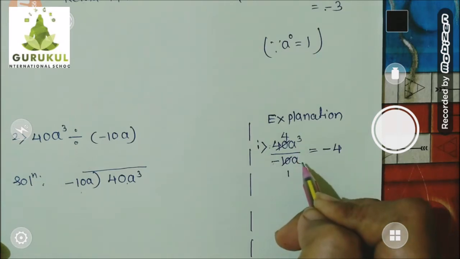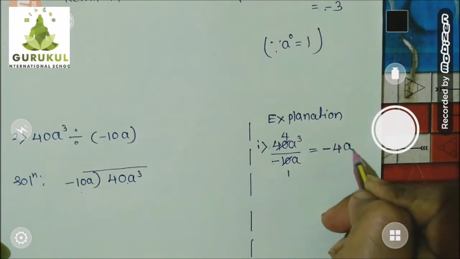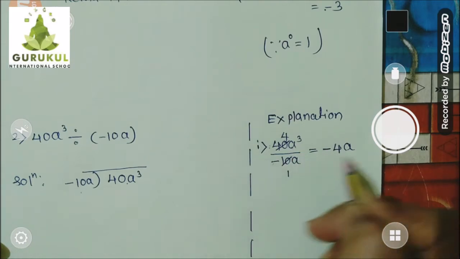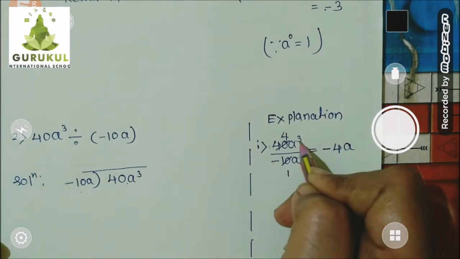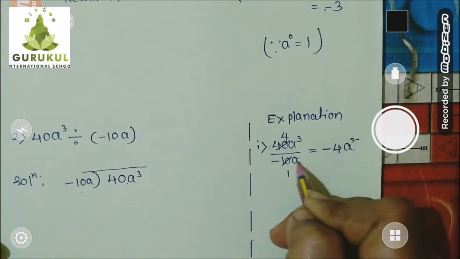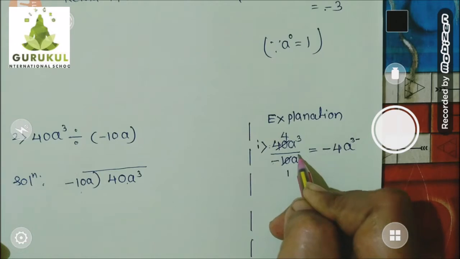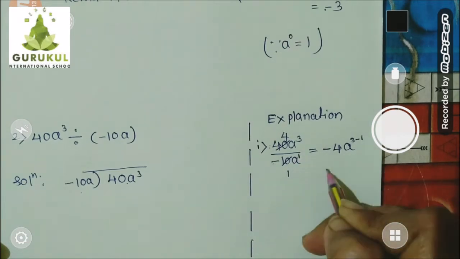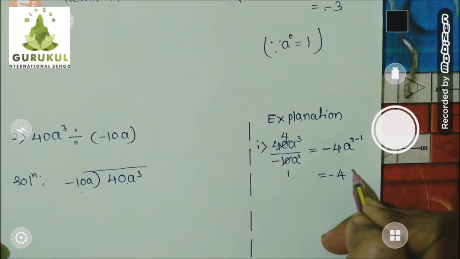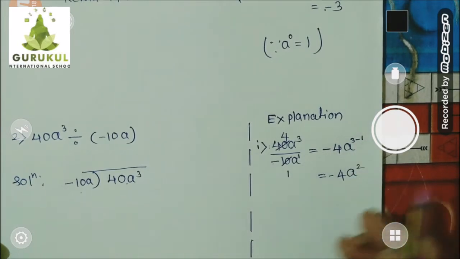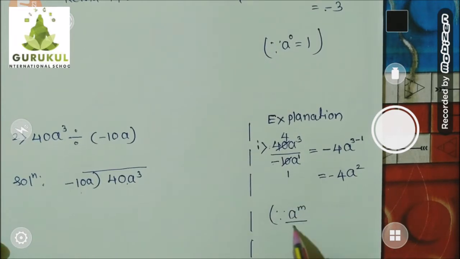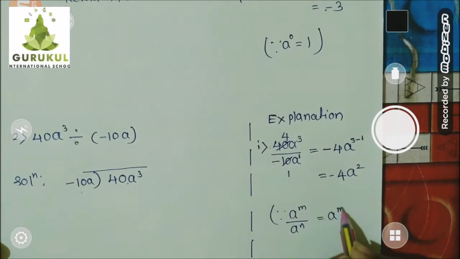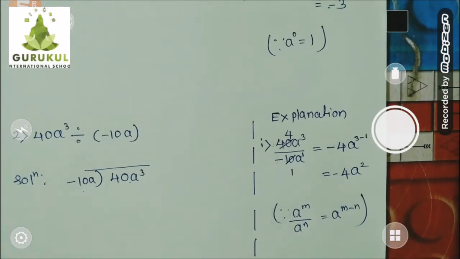We are going to apply the law of indices, and according to that, both are having the same variable, so I write it once, and upper index minus lower index. So 3 minus, here no index is written, it is nothing but 1. So 3 minus 1. So the final answer is minus 4a raised to 3 minus 1, which is 2. Which formula did I apply? You know very well. A raised to m divided by a raised to n is equal to a raised to m minus n. This formula I applied and 3 minus 1 I did.